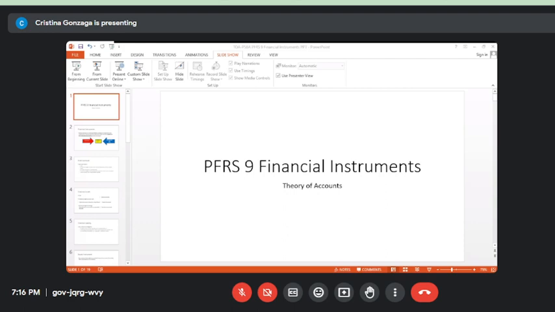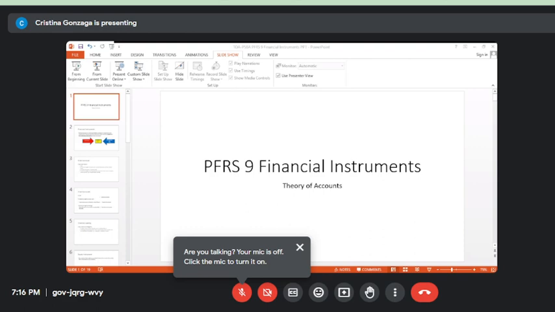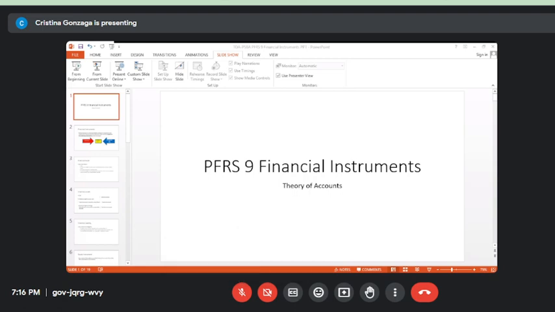However, there is no recycling anymore to fair value P&L because it is already a permanent classification until it is disposed of, by selling. Talagang permanently OCI na siya.